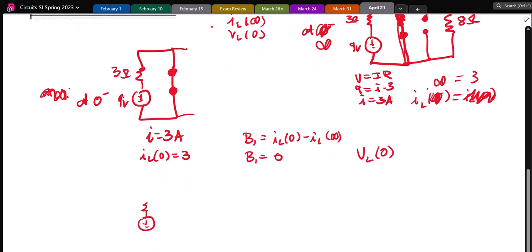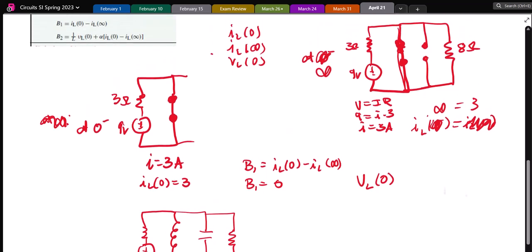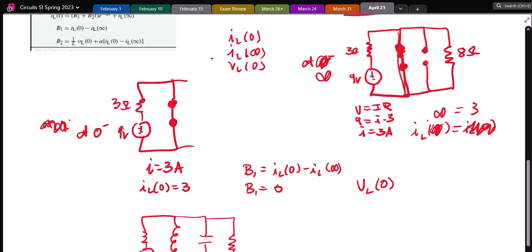vL at 0. Okay, so notice at 0 minus, our capacitor was right here.